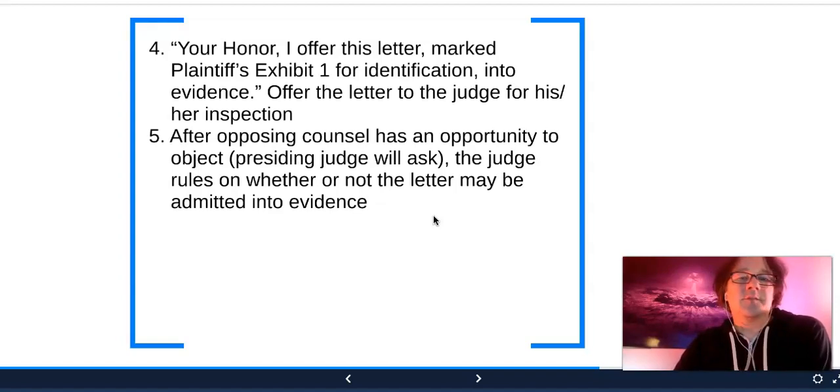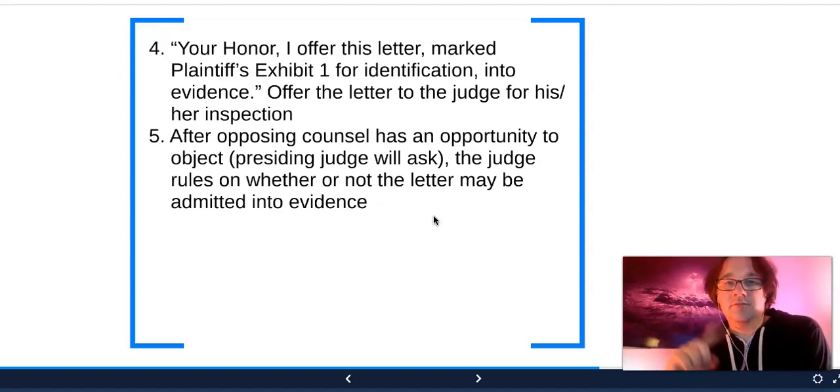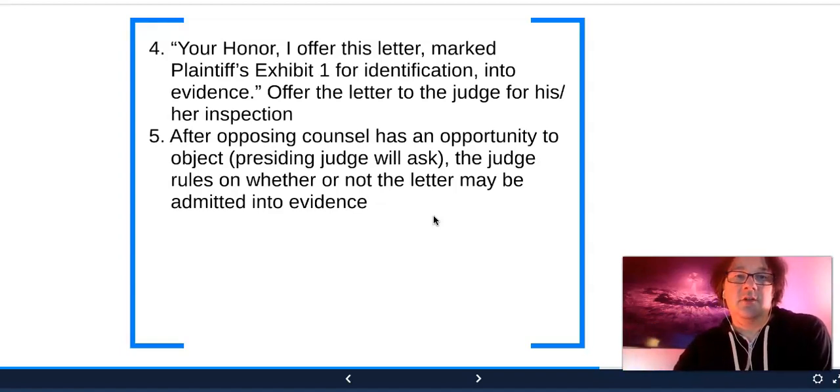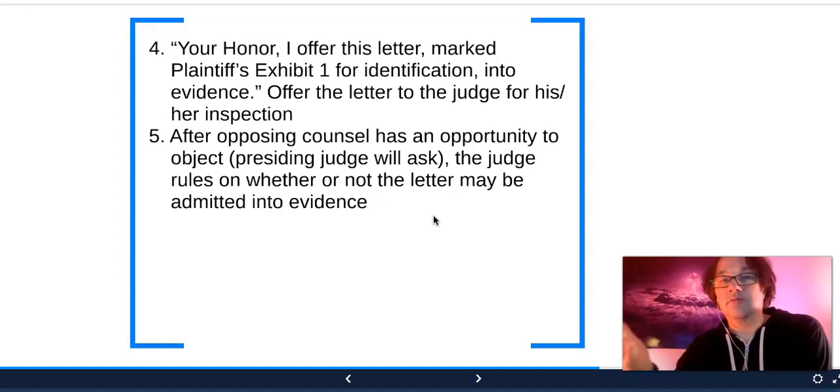If there is such an objection, the judge will rule on whether or not that pen might be admitted into evidence. So basically you go through this little ritual every time you want to introduce a physical object into evidence. It has to be done through a witness.